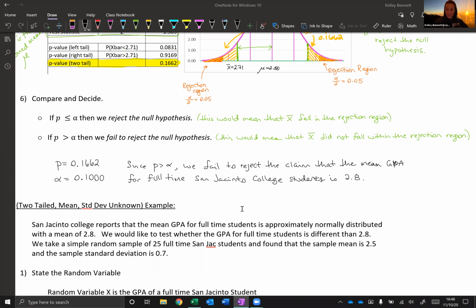I would like to warn that there are lots and lots of very good tutorials and videos out there on the web that will say things like, well, if your n is bigger than or equal to 30, just go ahead and use the normal distribution because they're about the same anyway. And that is true. As n increases, the student's t-distribution more closely becomes the normal distribution.